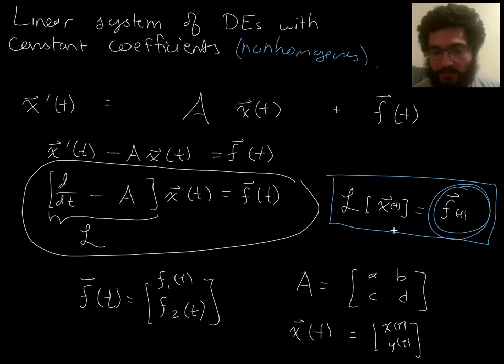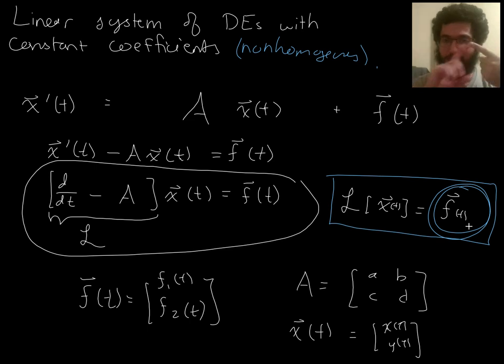So, for example, how do you approach this non-homogeneous linear system? Previously, we had a very general theory where the way I described it was we had these 3 steps.